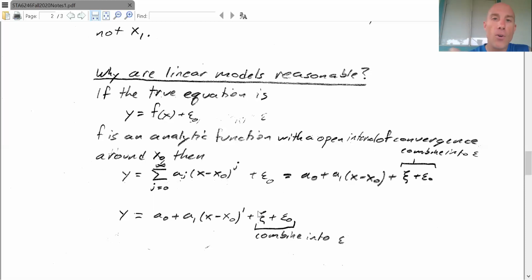If I want to make this useful to statistics, I can take the original fluctuation, combine it with that error term, and then boom, I have the error term that we talked about previously. So this is a reasonable way to go. We just have to make sure that we're reasonably close to our reference point for the situation that we're in. Now, if we believe that the true function is a linear equation, that's even better. We don't have to worry about all this Taylor polynomial nonsense.